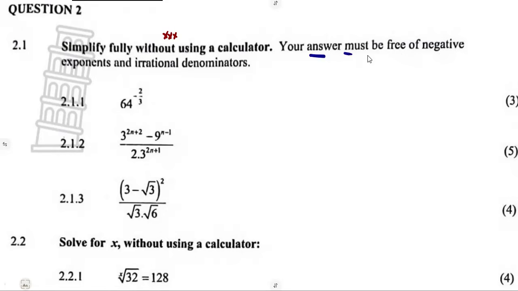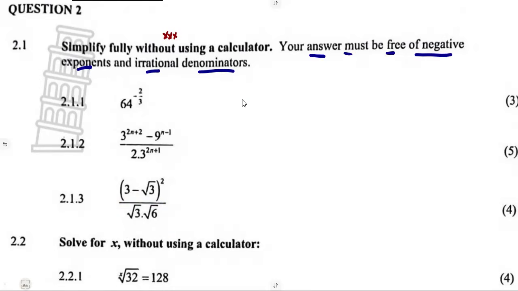Your answer must be free of negative exponents, meaning to say you are not supposed to have any negative exponent. And irrational denominators, meaning to say your denominators are not supposed to be irrational, like what we are seeing there, square root of 3, square root of 6. Those are irrational numbers.